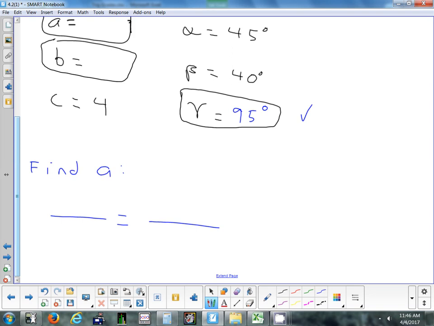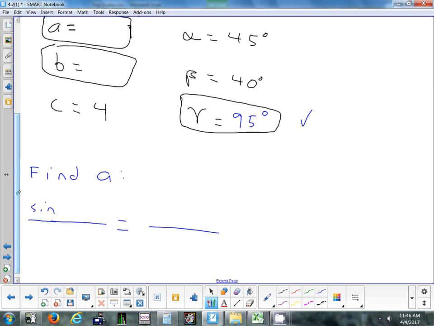So Marcos, if I put it on the left, what would go on top? Sine alpha. Okay, so we can set that side up first. Sine of alpha, but what is alpha? 45. And what would go in the bottom?